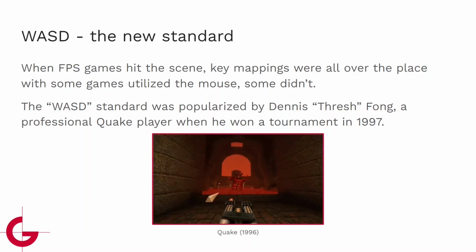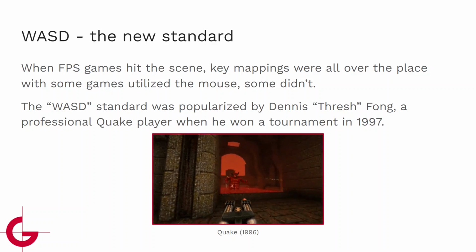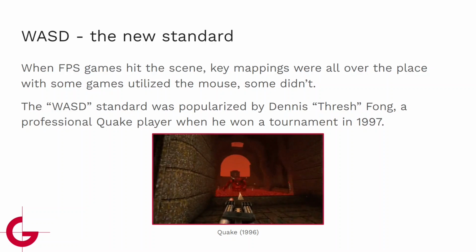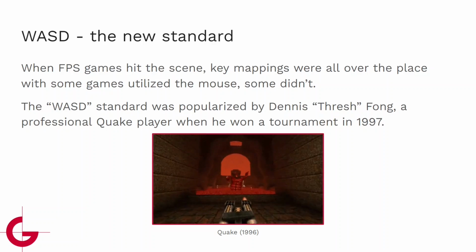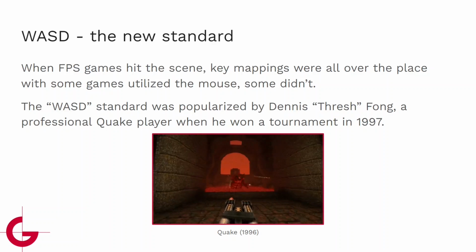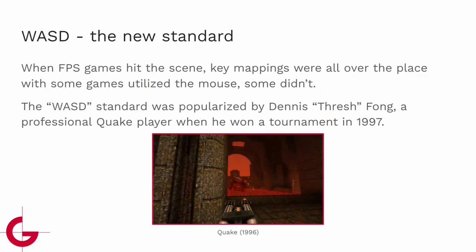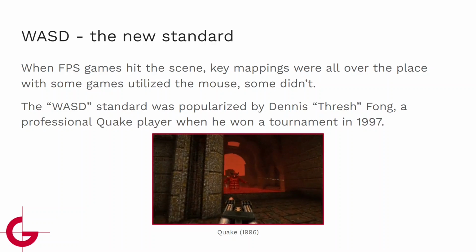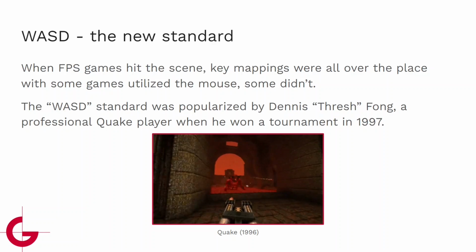Some games use the mouse and the keyboard. Some games only use mouse. And this standard was only popularized from 1997 when a professional Quake player won a tournament using this setup.